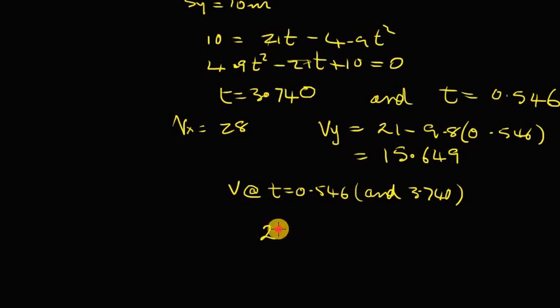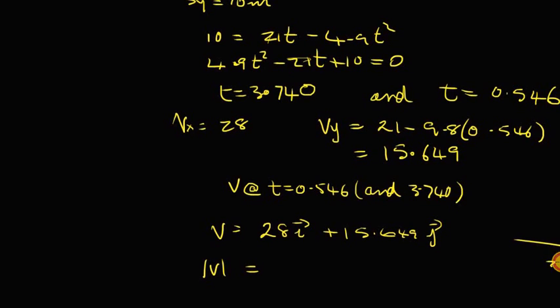It's going to be 28i plus 15.649j. That's its velocity in the i and j direction. To get the magnitude of it, because that looks like this, you have 28 here and 15.649 here.